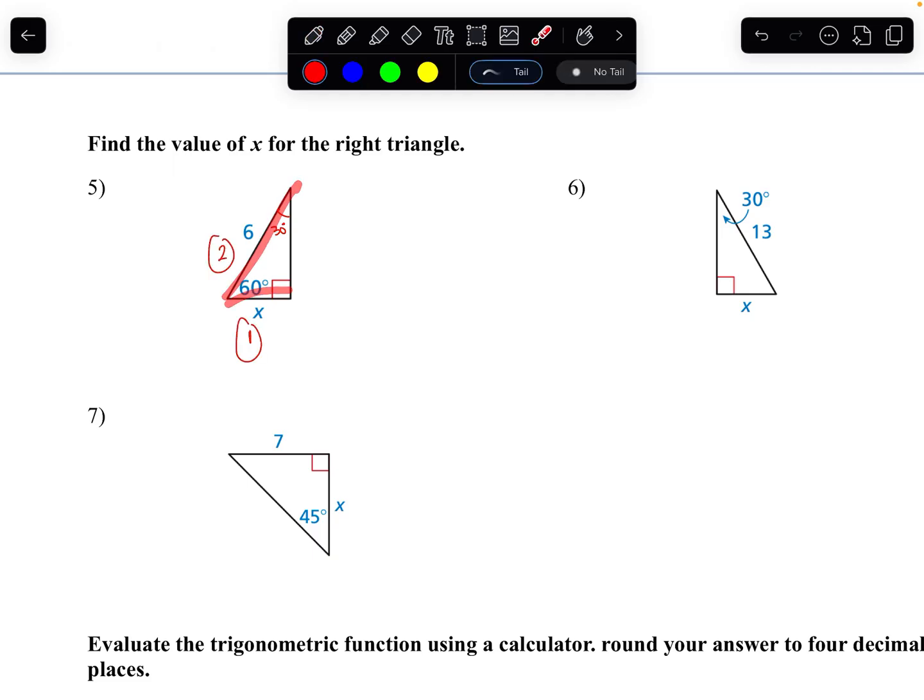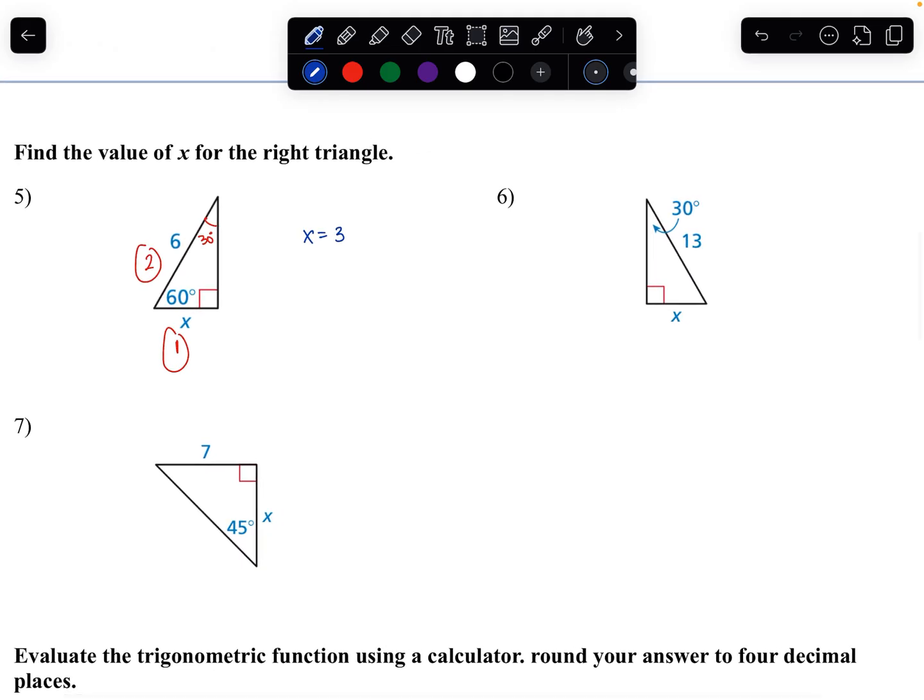So meaning that the hypotenuse is always double the length of the shortest side. And so if the hypotenuse is 6, that means the shortest side has to be equal to 3. So that means x is going to be equal to 3. And just, it's not part of the question, but that would also make this side, the longer leg, equal to 3 root 3. It's always root 3 times larger than the shortest leg.